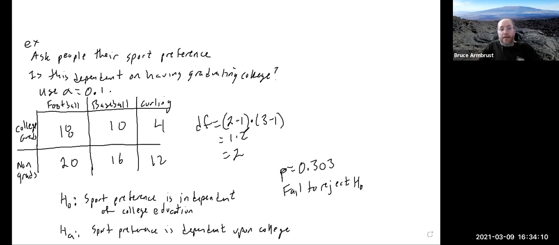What this means is that we do not have sufficient statistical evidence to say that sport preference is actually dependent on college education. We don't know that it's not independent.